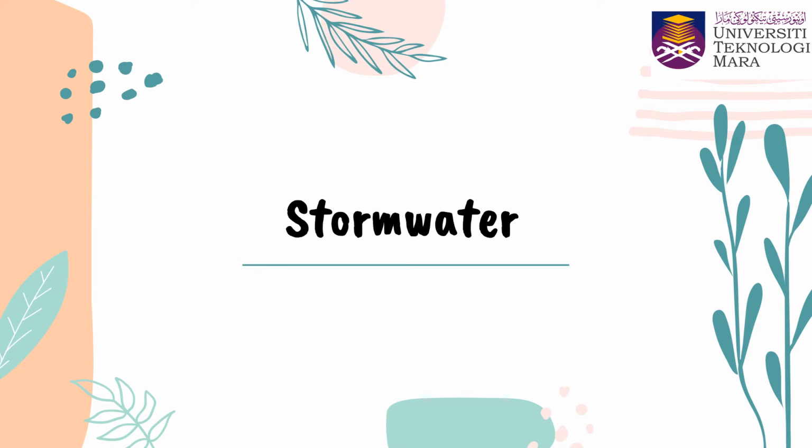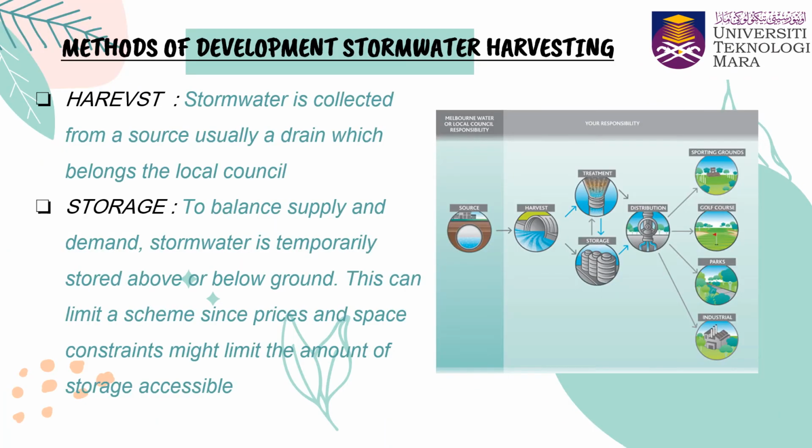And then we have stormwater. The method of development of stormwater harvesting. First is harvest. Stormwater is collected from a source, usually a drain, which belongs to the local council. The drain is near the roadside, and then we should have the storage to balance supply and demand.